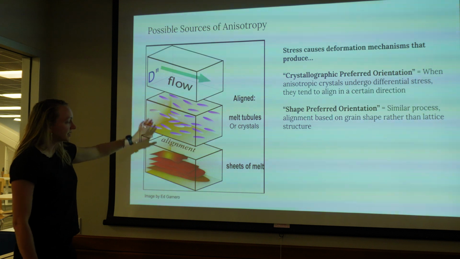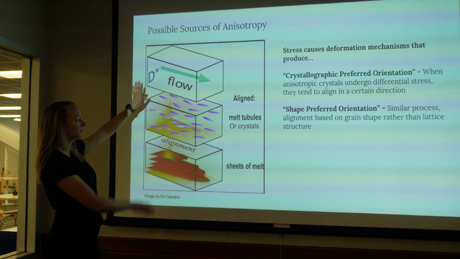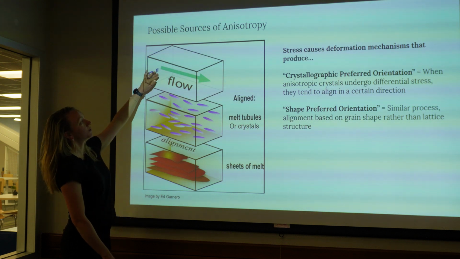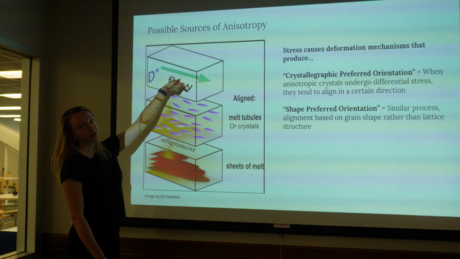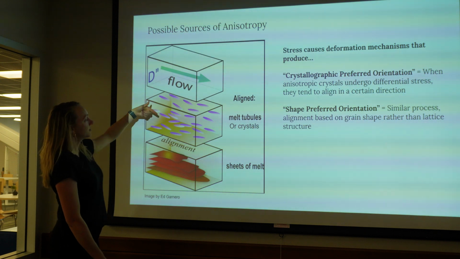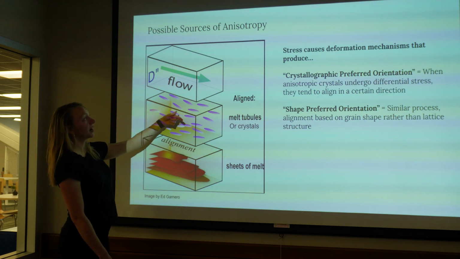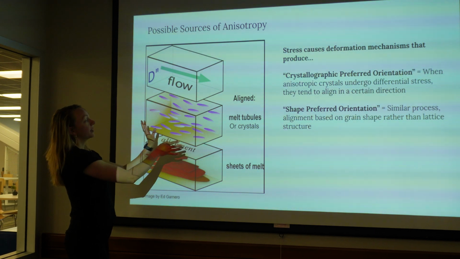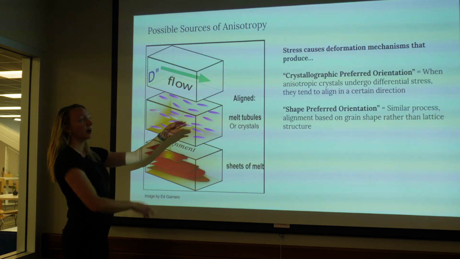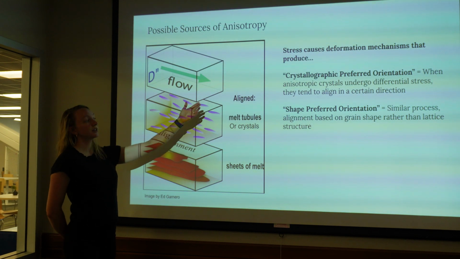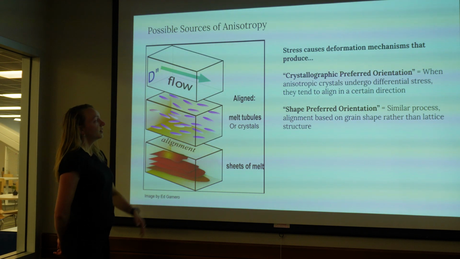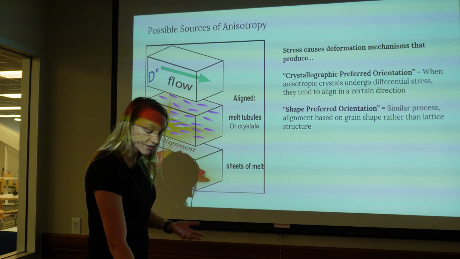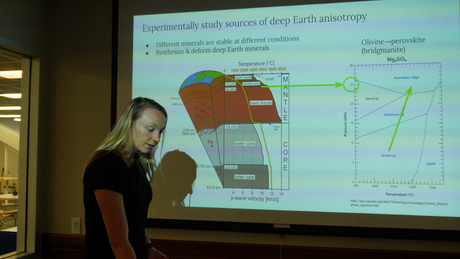You can imagine it looks something like this, where you have an orientation of stress, a direction of flow, and these crystals align themselves along the direction of flow rather than being randomly oriented. This would be an example of crystallographic preferred orientation or shape preferred orientation. And so we believe that this could be possible sources of anisotropy that we see in the deep earth.